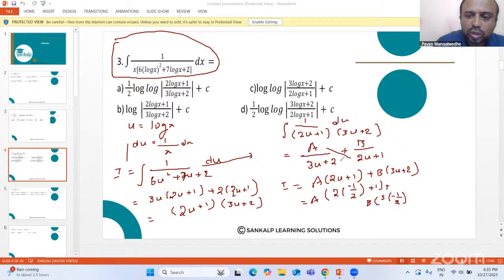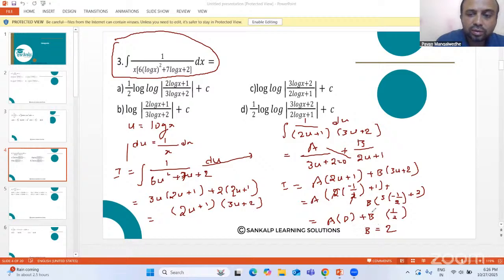So 3 into minus half plus 2 is half. On solving this, we get a of 0, because minus 1 plus 1 becomes 0, plus b of half. Is this clear? Which indicates that b is equal to 2.